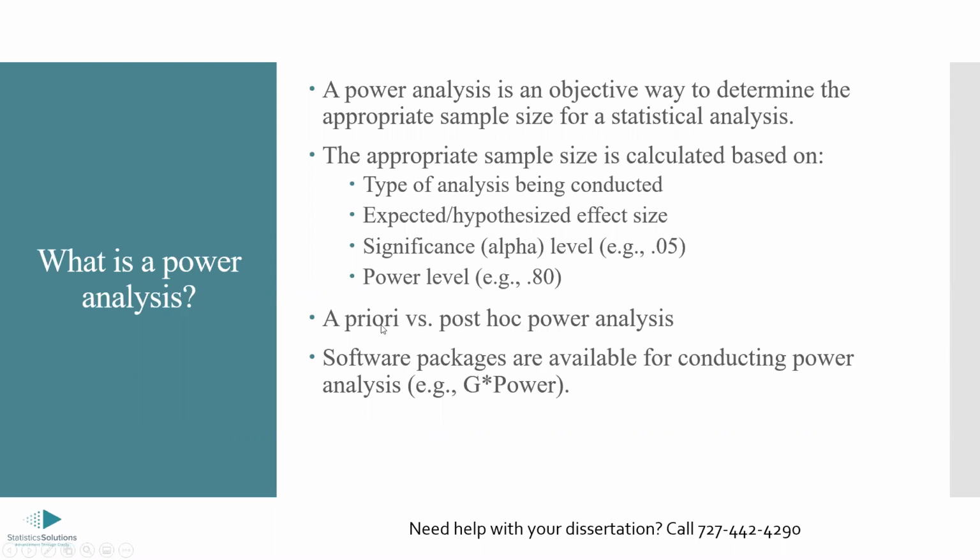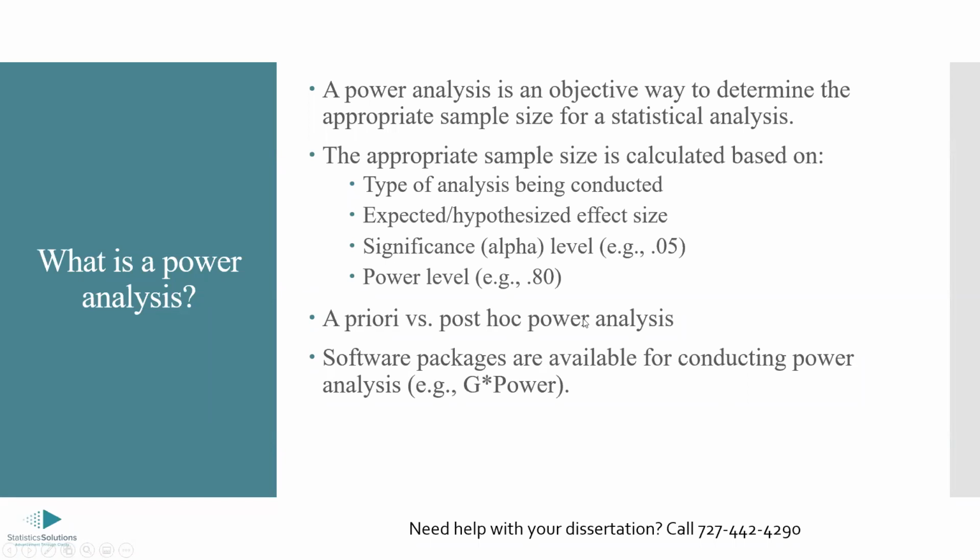So there are 2 types of power analyses. We have a priori, which is basically the methodology phase, figuring out what sample size you need to trust your findings when you run your analysis. So the a priori is the methodology-based power analysis, giving you the minimum target for your sample.